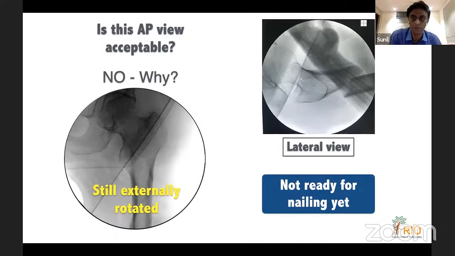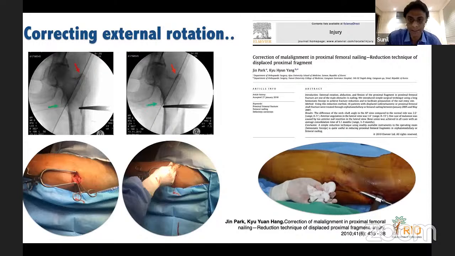So what do we do? We can go ahead and do minimally invasive reduction techniques to get your reduction right. This is an interesting technique, a very simple one as well, from Korea. These authors describe a simple surface technique where you can correct external rotation of the proximal fragment.